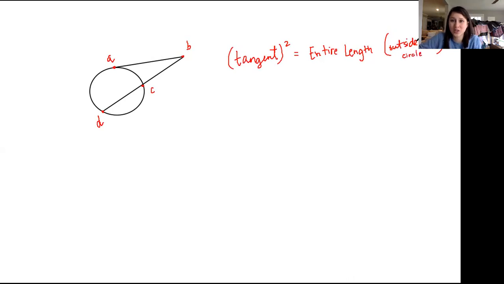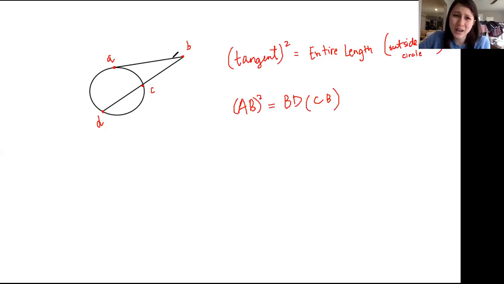So if you want to write this out as your explanation, you could do that. But I'm going to describe that. AB squared equals BD times CB. Okay. So what's different with this and the other problem is instead of finding the product of the two parts of your secant, you don't have two parts here. So all we're doing is we're squaring the tangent.